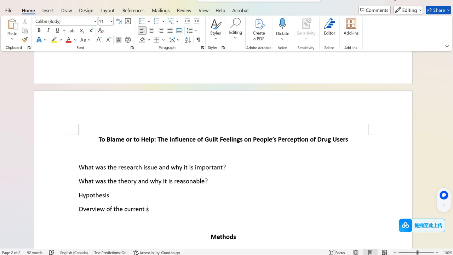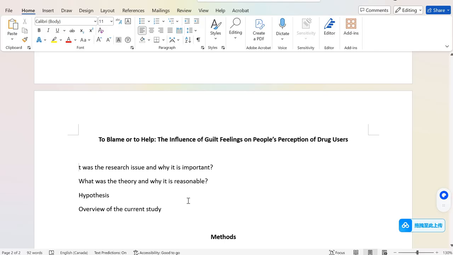I would like to use the word study. Well, these are the key components of the introduction.